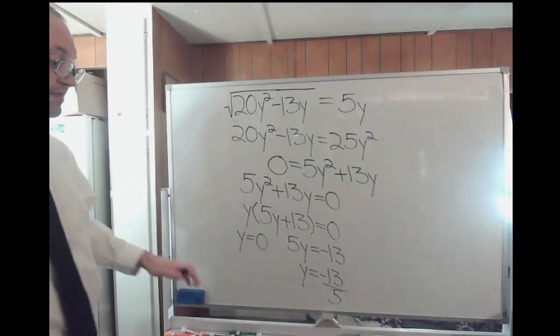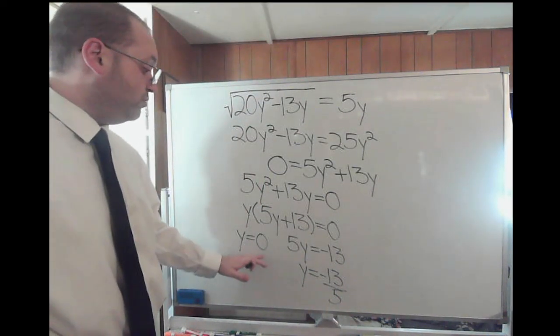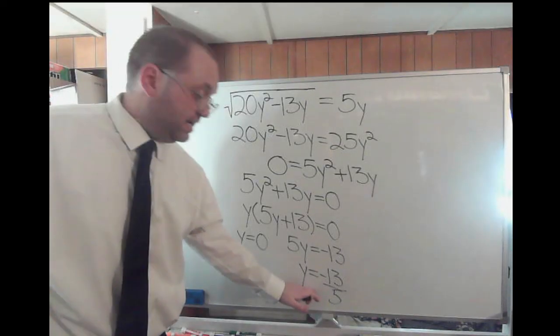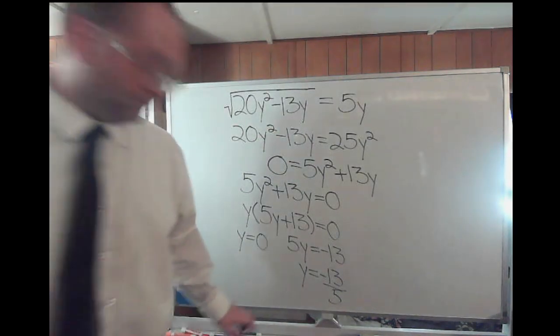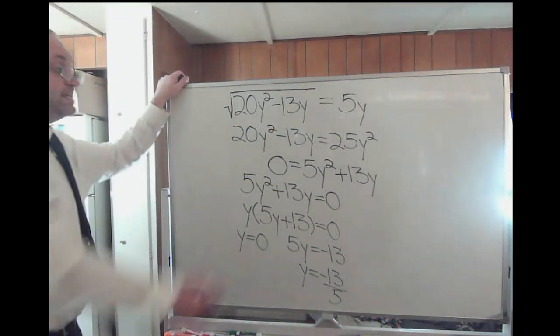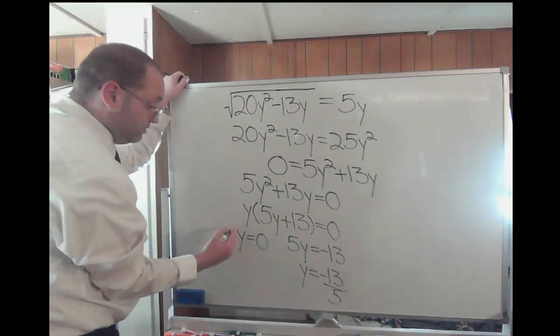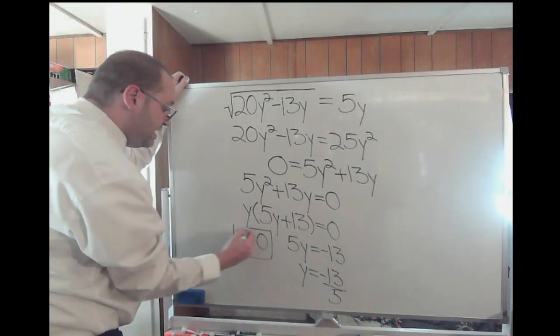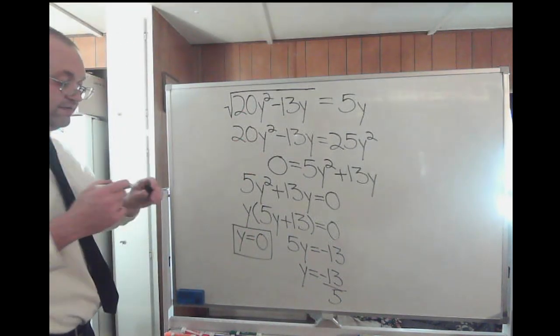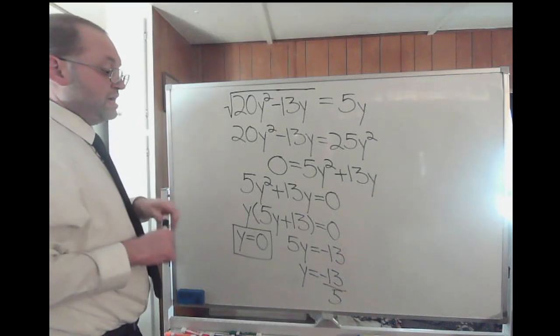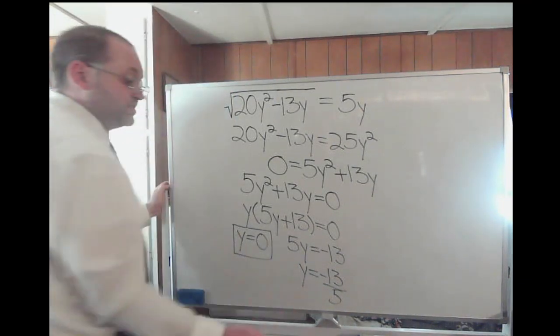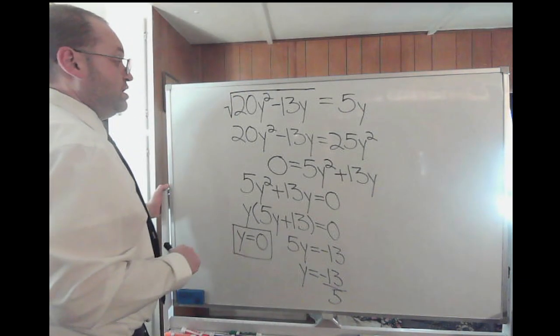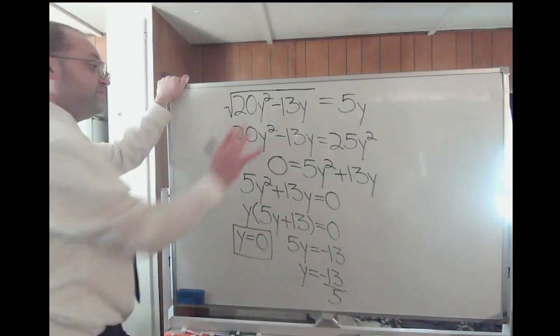So we have two solutions so far: y equals 0 and y equals negative 13/5. Looking at 0, you're going to get 0 equals 0 again. So yes, without a doubt, y equals 0 is definitely a viable solution. But is negative 13/5 a viable solution? You don't even have to worry about the left-hand side for a moment.